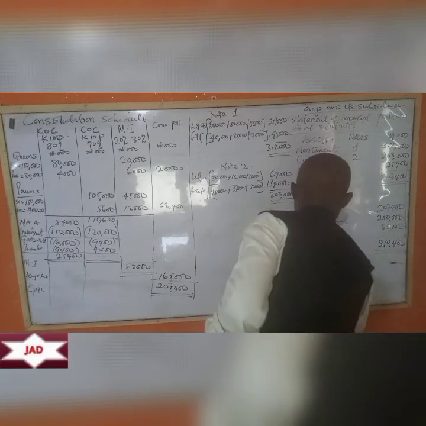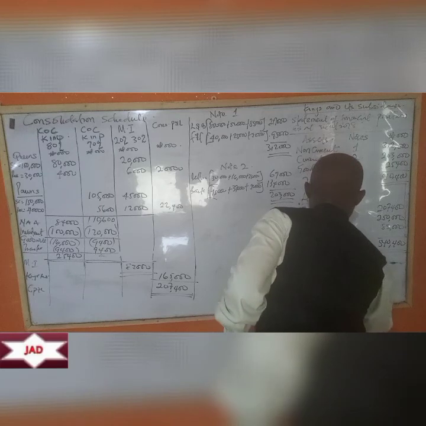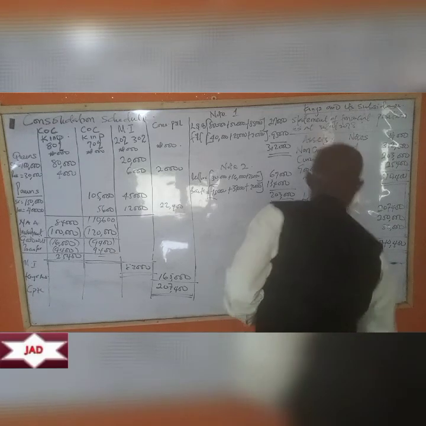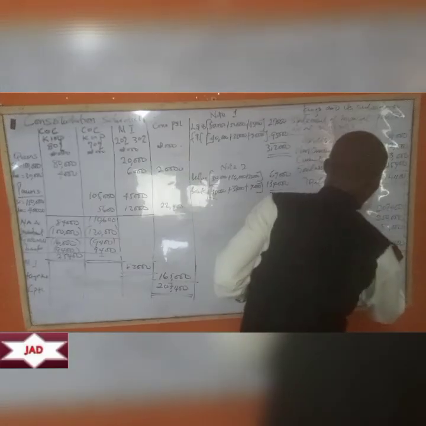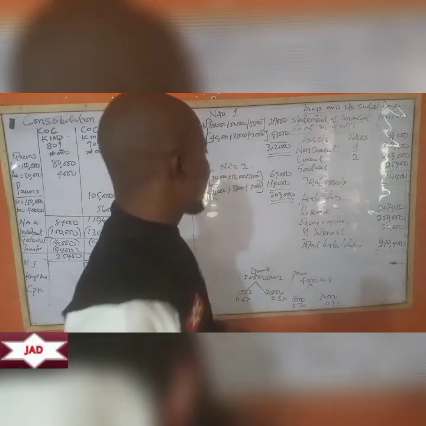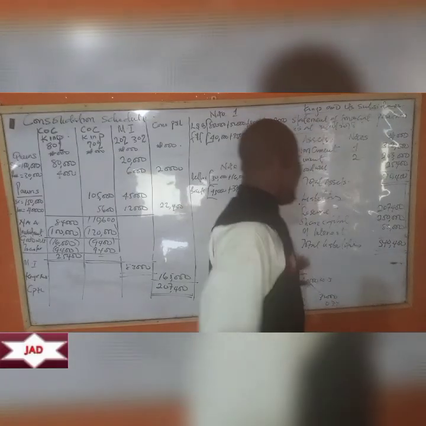So this is your total liabilities. So you can see that total assets is 540,400, total liabilities of 540,400.